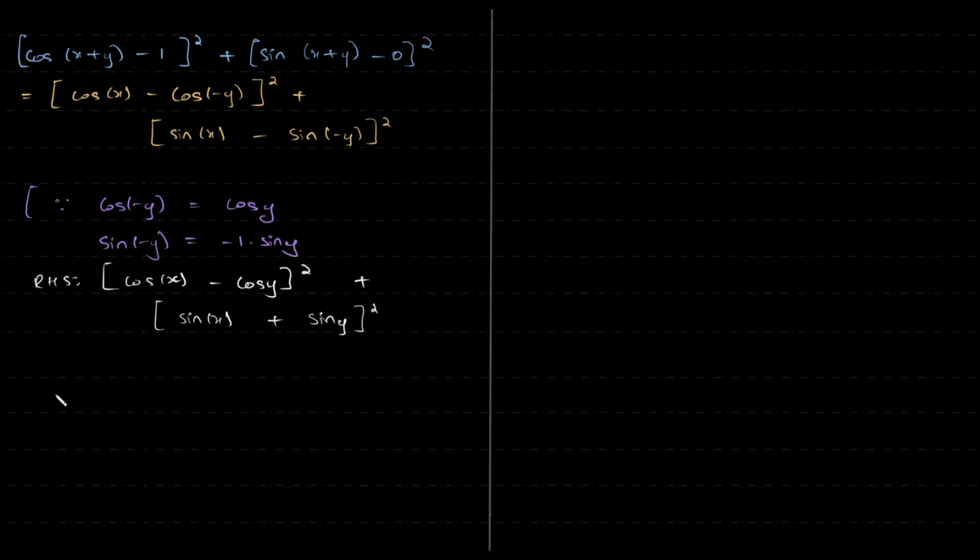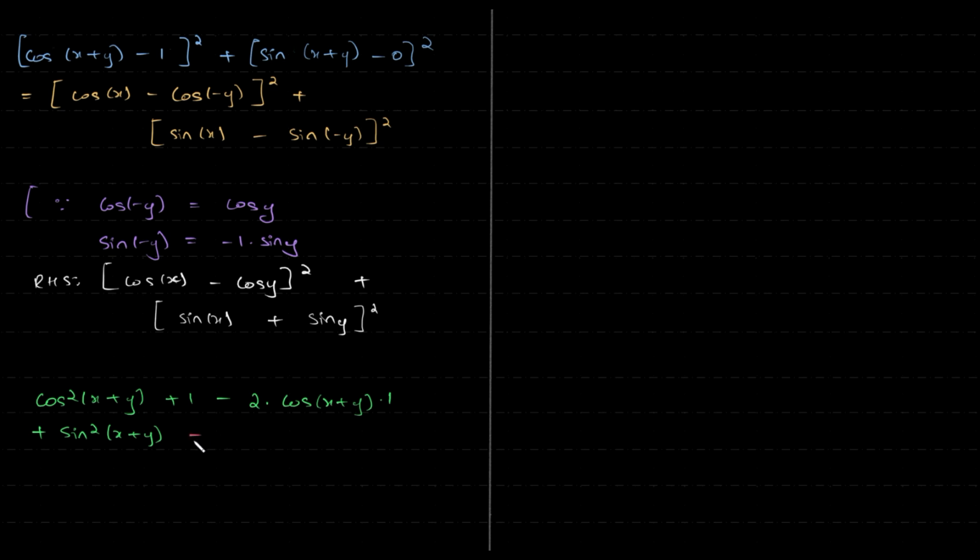I'm going to expand using (a minus b) the whole square and all of that. So this is a square plus b square minus 2ab, plus we have the second term sine square of (x plus y), right?